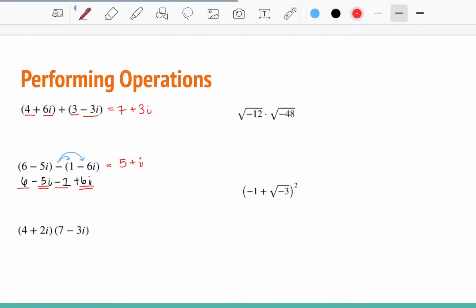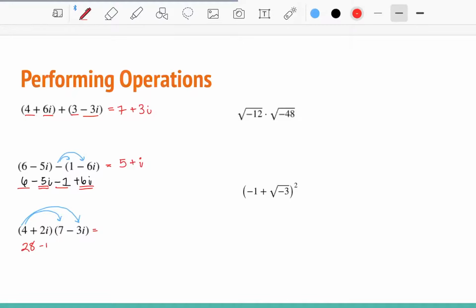Next, we have multiplication. So what I'm going to do with multiplication is make sure that I am foiling, right? This is a binomial times a binomial. So what I need to make sure to do is distribute and FOIL. So I'm going to multiply 4 times this 7, and I'll get 28. I'm going to multiply the 4 times the -3i.